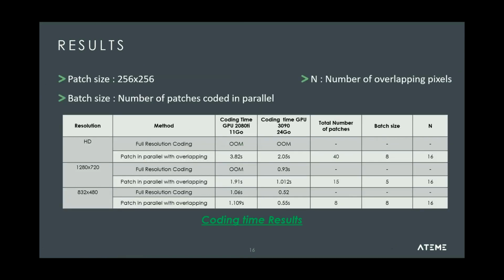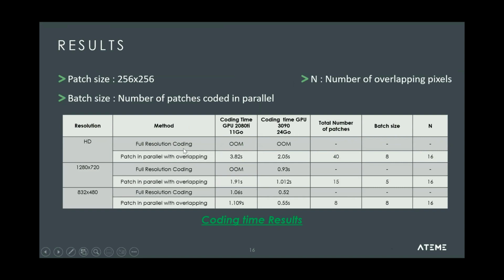We also measured the complexity of our method and compared it to full resolution coding. So here, what we did is that we evaluated our method using 2 powerful GPUs. The first one is with 11 gigabytes and the second one is with 24 gigabytes.